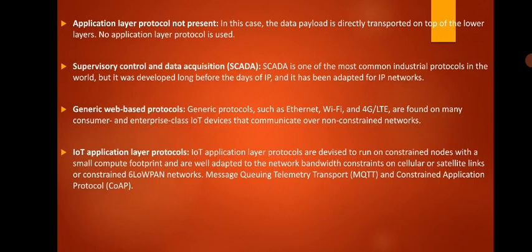Such application layer protocols will not exist for the data transmission in this category. So if you want to implement such a category, we go for the first category, application layer protocol not present. Here we are not utilizing such protocols for the data transmission. Instead, we will use some basic concepts, using which we can achieve efficiency.